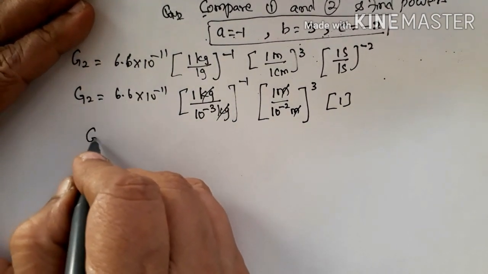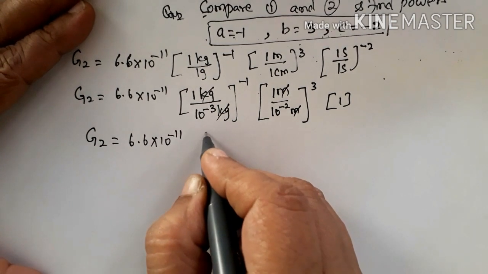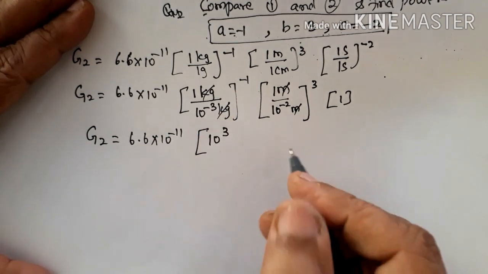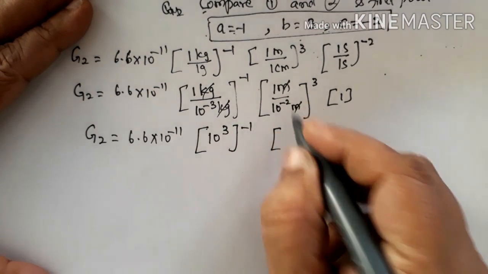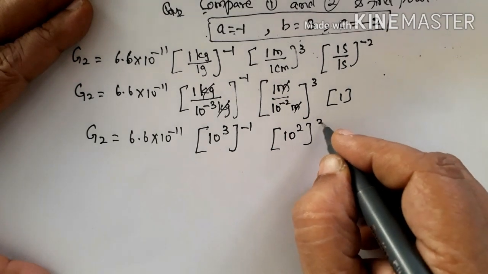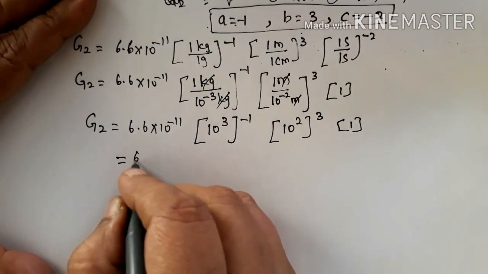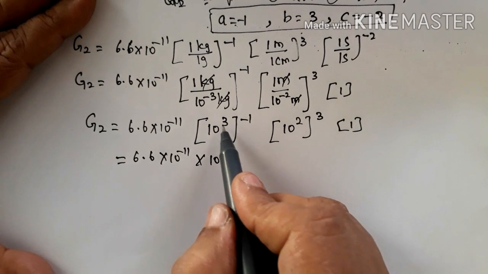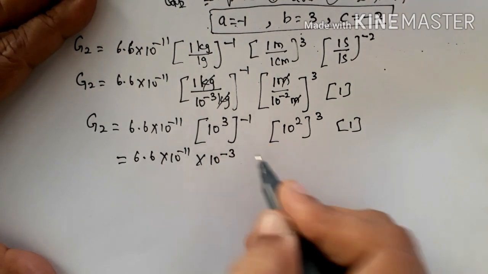So G2 is equal to 6.6 into 10 power minus 11. This 10 power minus 3, if you take it to the numerator, you will get plus 3, right? Already you have power minus 1. Same way, 10 power minus 2, take it to the numerator, you will get 10 power plus 2 into power 3. Here you get 1. So 6.6 into 10 power minus 11 into 10 power minus 3, multiply the powers, 3 into minus 1 is minus 3.